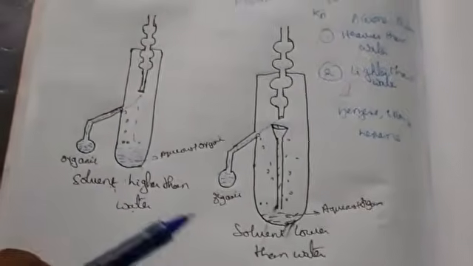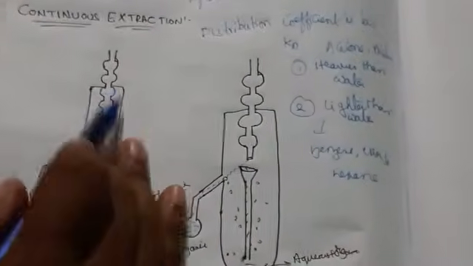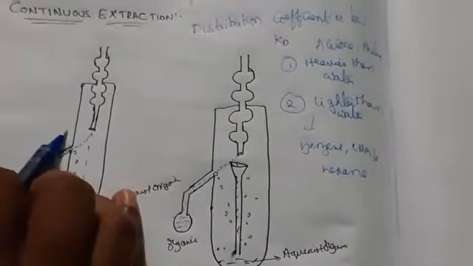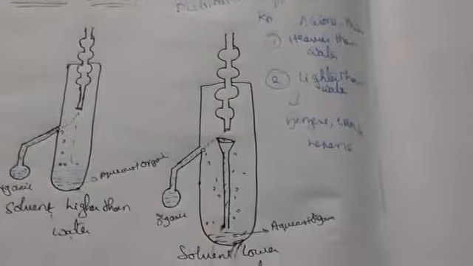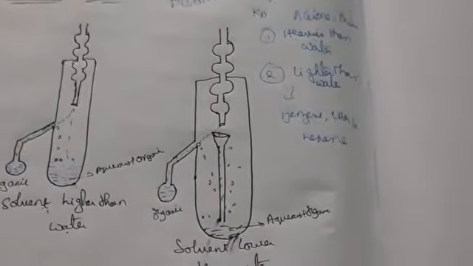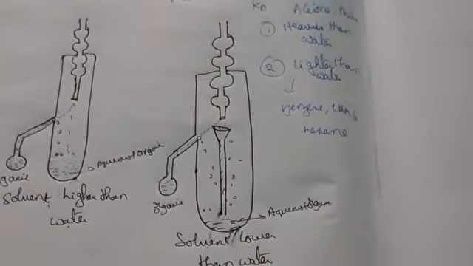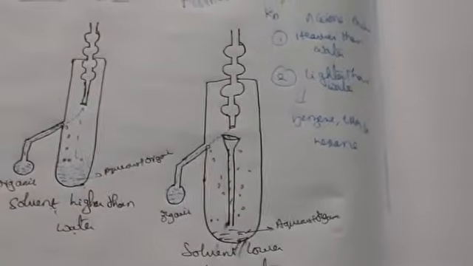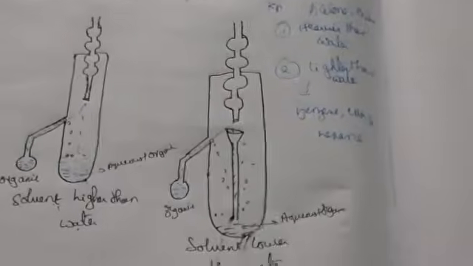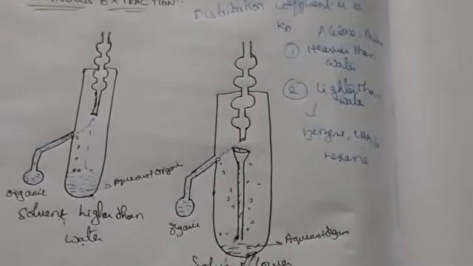Coming here, we are keeping a fractionating column. Why do we use fractional distillation? Because to get the purified compounds, to separate the pure compounds, that's why we are using a fractionating column.